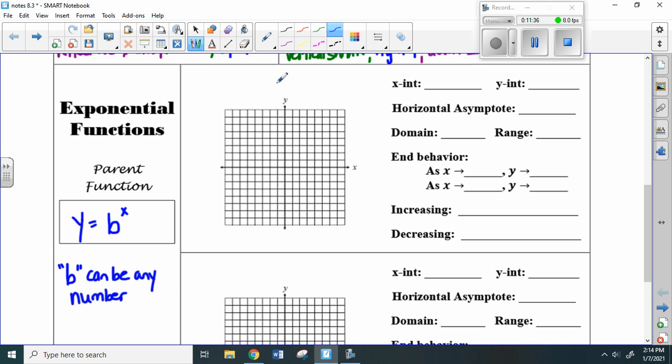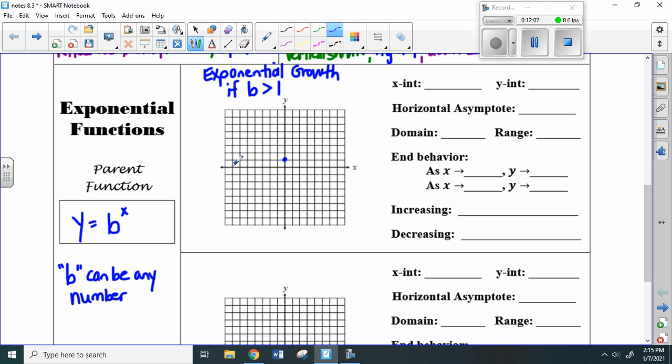Because it is growing, we literally call that exponential growth, and that happens when the b, the piece that's raised to the x, is bigger than 1. And so this is what that parent function looks like.